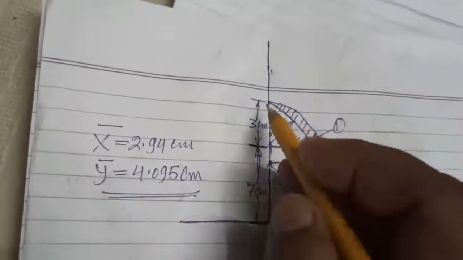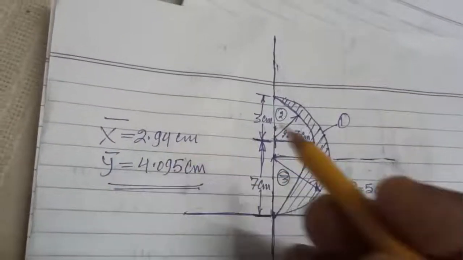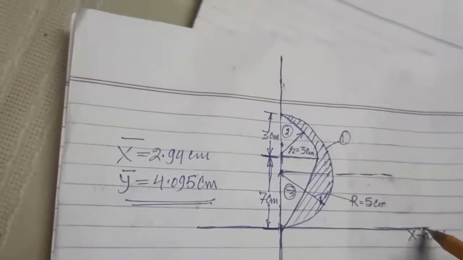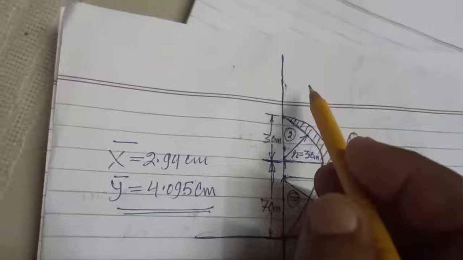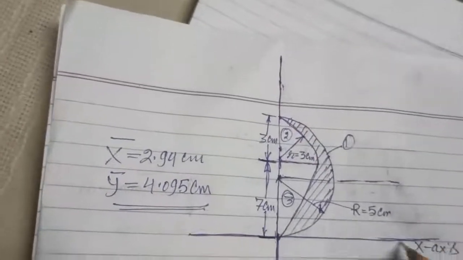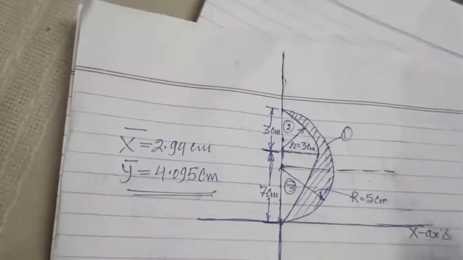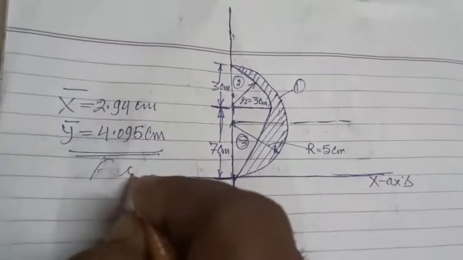So X bar is from this line at 2.94 and Y bar is from this line. So the centroid will lie at a distance X bar 2.94 from this line and 4.095 from this line. So these are the answers.